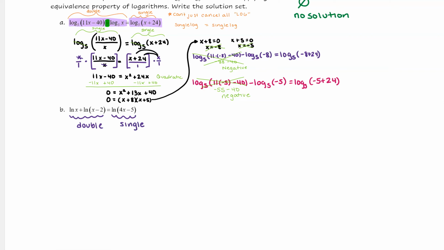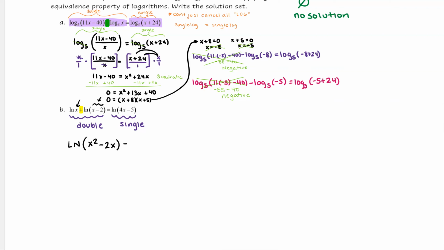So what I need to do is use a log rule to connect these 2 logs to condense them into 1. So remember, the plus in between logs tells me to times. So I have natural log of x times x minus 2. So I'm just going to go ahead and distribute that: x squared minus 2x. So I times x and x minus 2.